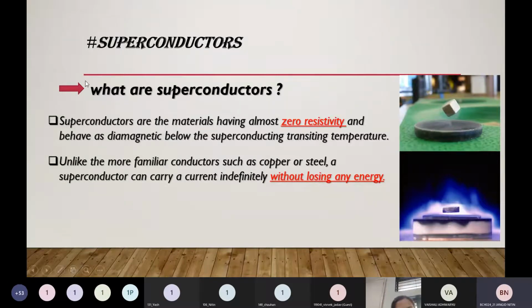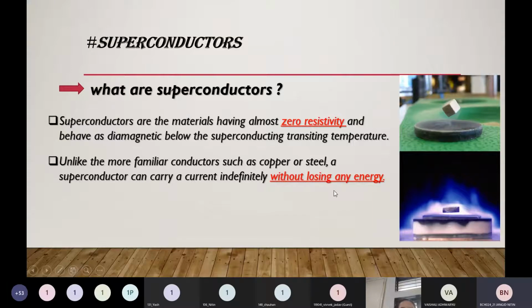Superconductors are materials having almost zero resistivity, and they behave as diamagnetic below the superconducting transition temperature. Unlike familiar conductors such as copper and steel, a superconductor can carry a current indefinitely without losing energy. It helps us carry the current without losing any energy.